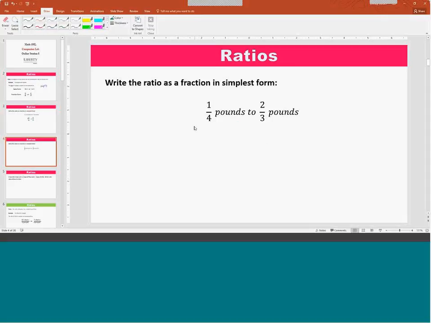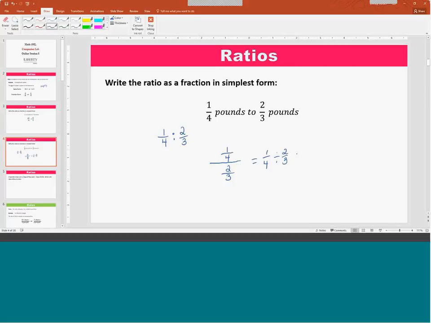Now, what happens when we need a ratio between two fractions? Again, we can write this in ratio form, 1/4 to 2/3 pounds as a ratio, or we can write it in fraction form. This gives us a complex fraction, a fraction over a fraction. Remember, this fraction means division. So we can also write this as 1/4 divided by 2/3.